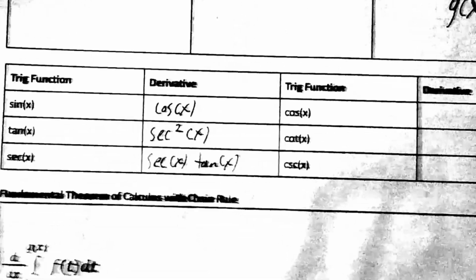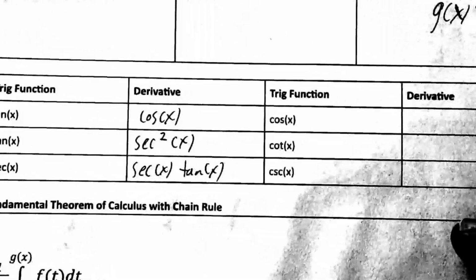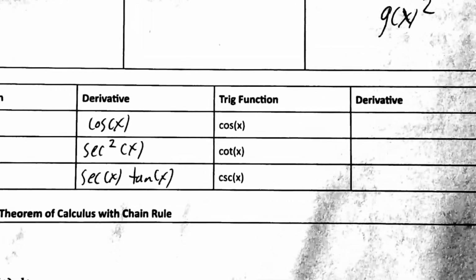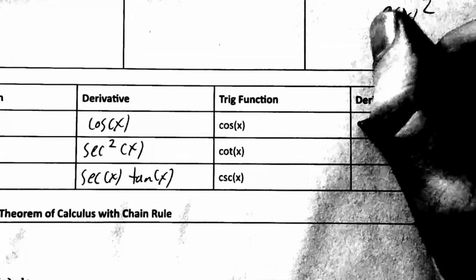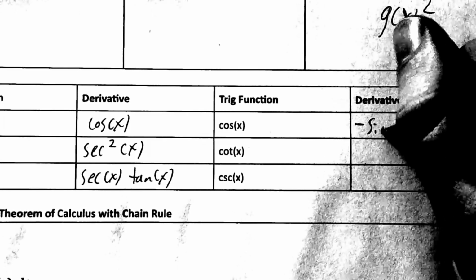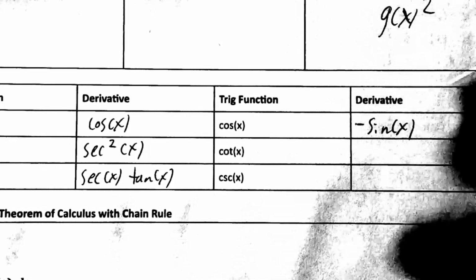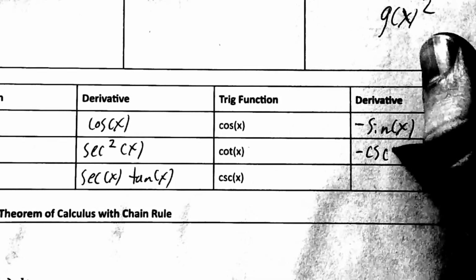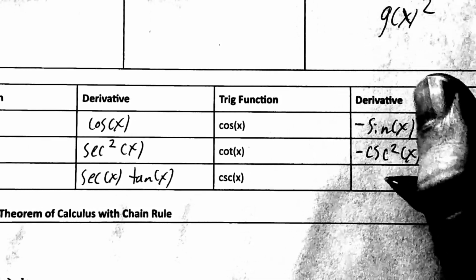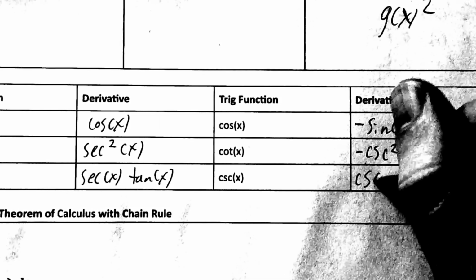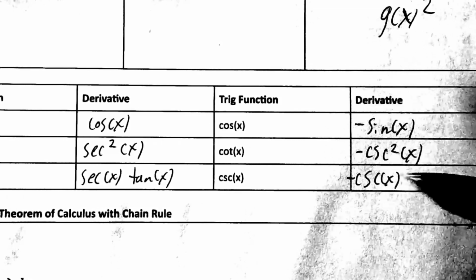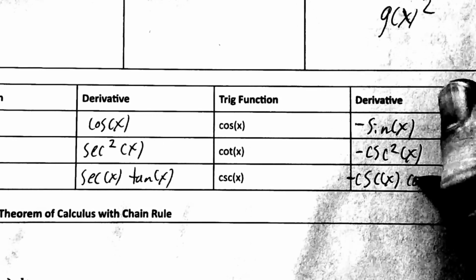Okay. On the other side, the trig functions all have negative derivatives. So cosine is negative sine, cotangent is negative cosecant squared x, and cosecant is negative cosecant x cotangent x.